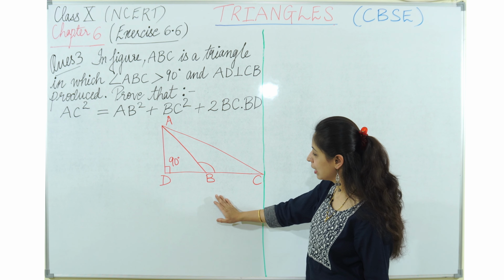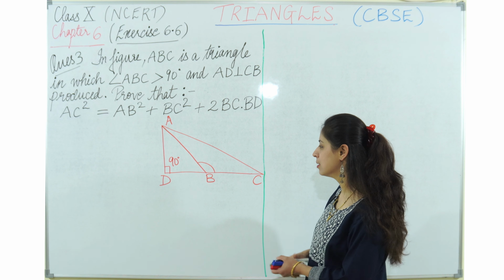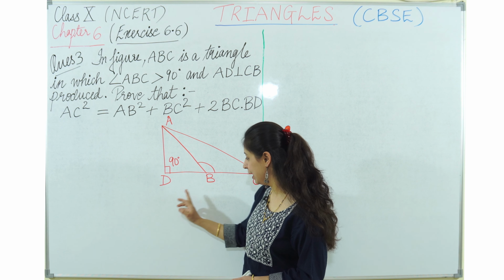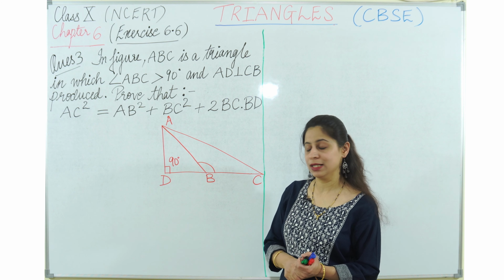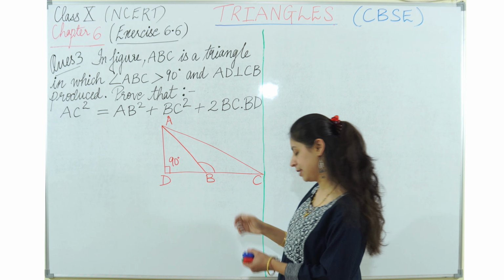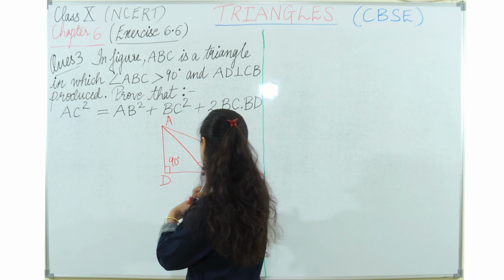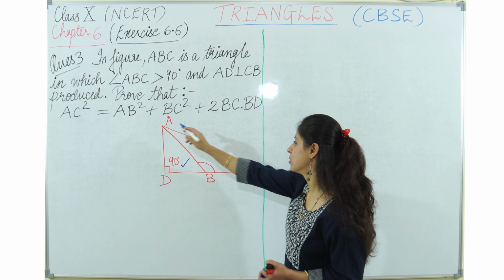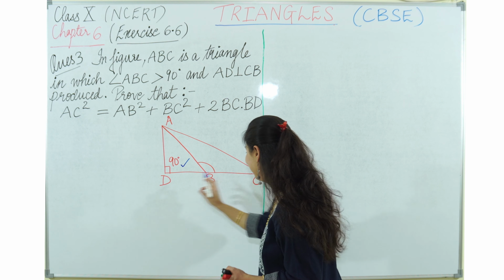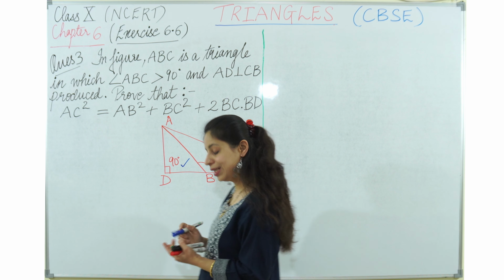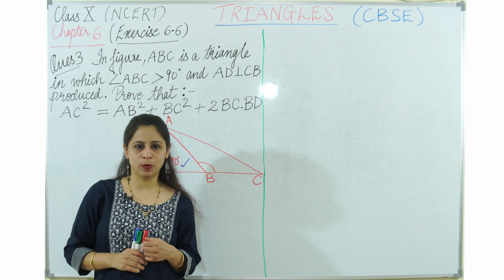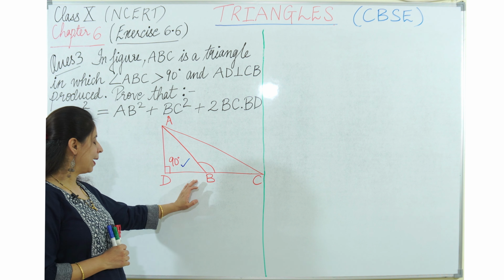We can clearly see that two triangles are formed. The first triangle is triangle ADB and the second, bigger triangle is triangle ADC. Now let us take the triangles one by one and apply the Pythagoras theorem.